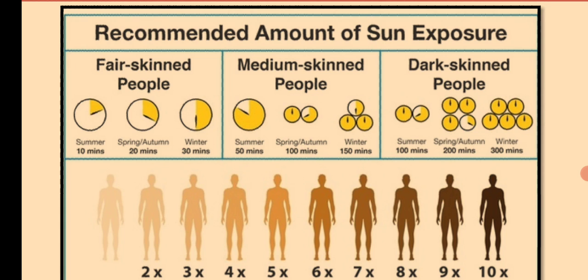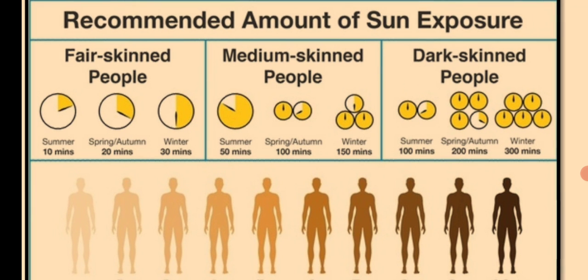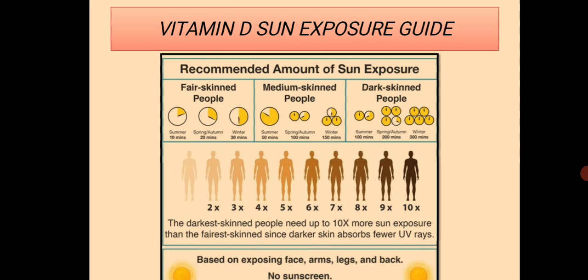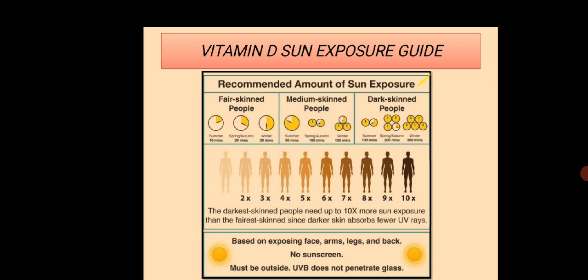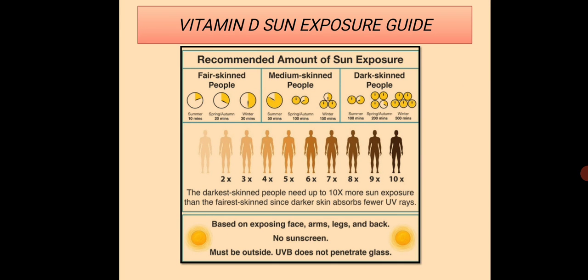Medium-skinned people need 50 minutes in summer, 100 minutes in spring, and 150 minutes in winter. Dark-skinned people need 100 minutes in summer, 200 minutes in spring or autumn, and 300 minutes in winter. So there is a difference in time duration for vitamin D.